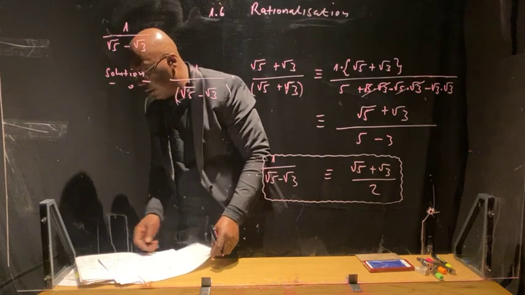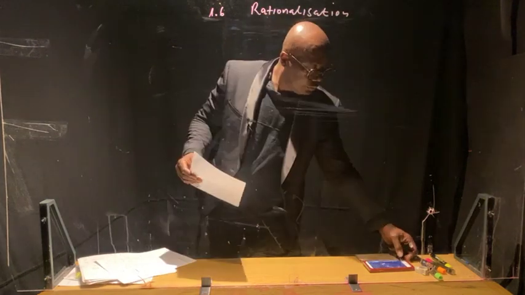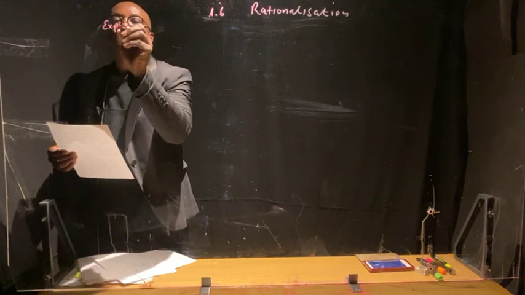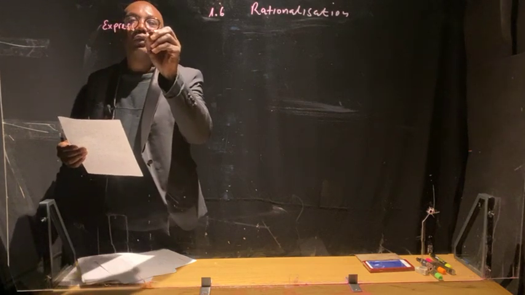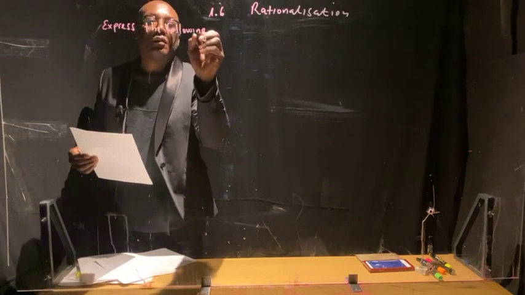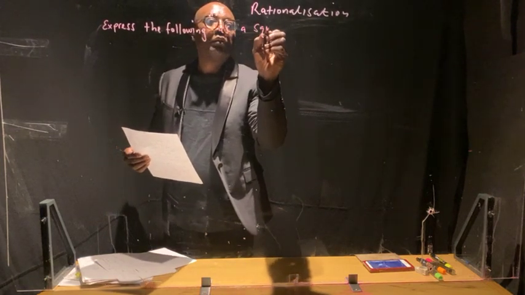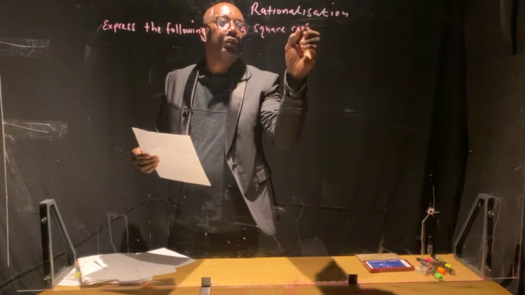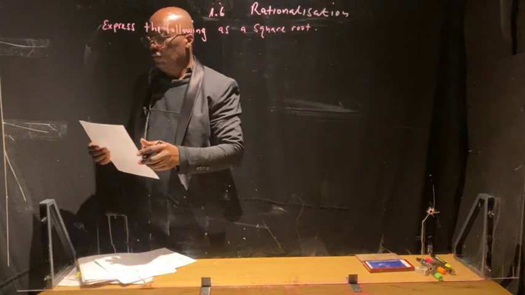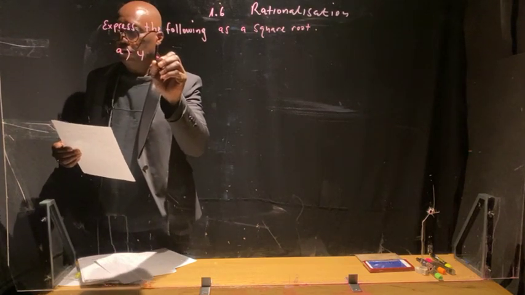The next question, it says that express the following as a square root. The first one is A, 4 root 5.